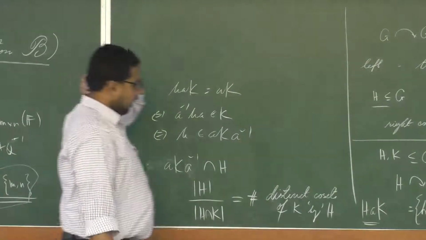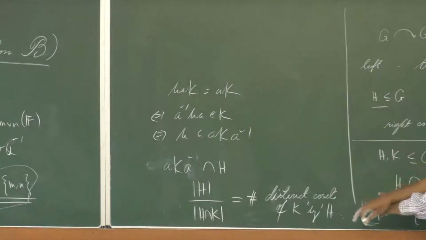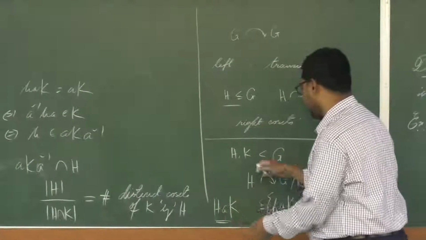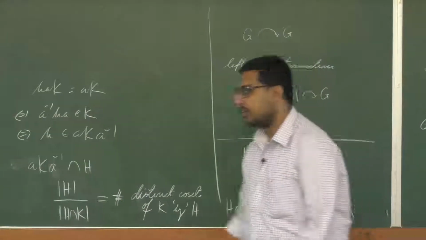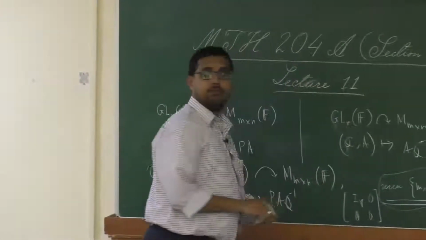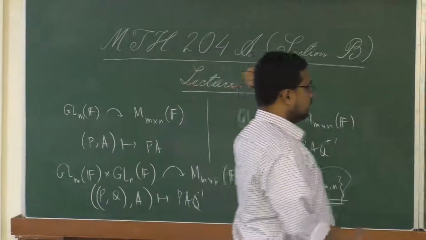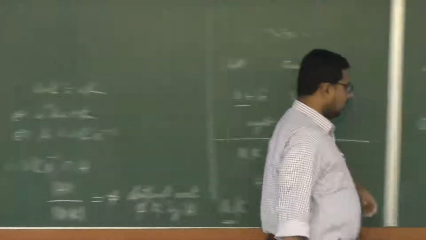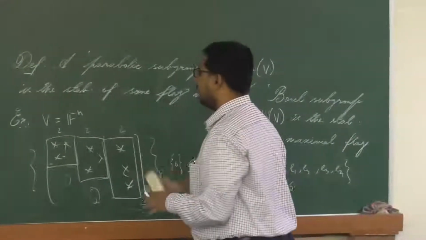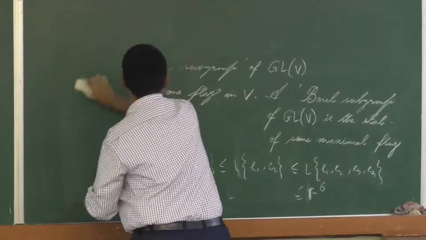Similarly, the same holds if you change the direction, that is if you start with the right cosets of H and let K act on that, you can make similar observations there as well. I will just finish with one thing. We will just touch upon the actions by conjugation, and in the next lecture I will start from that.